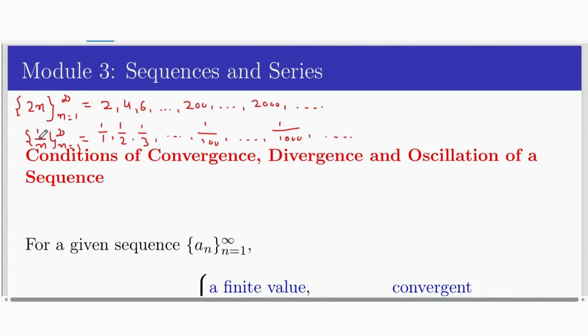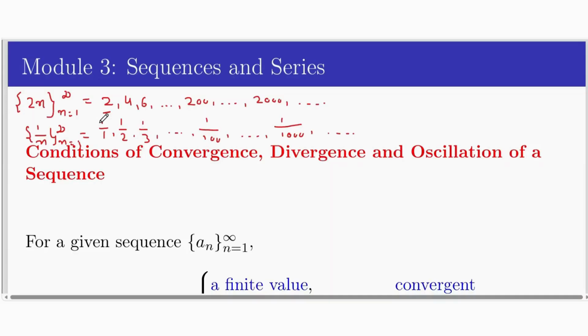Now here we have two examples of a sequence. In the first sequence, observe the terms. Here the sequence starts at 2, and as we move towards infinity, the terms increase. In the second example, the sequence is 1 upon n.